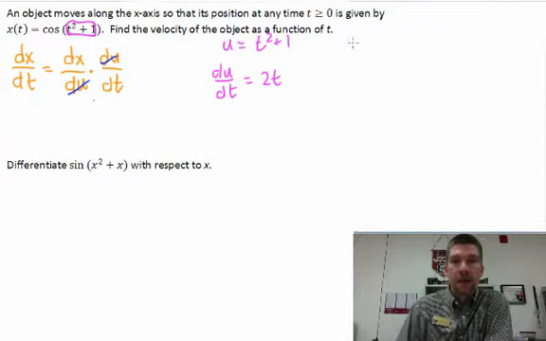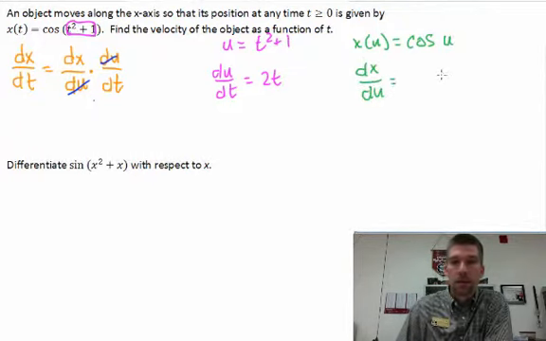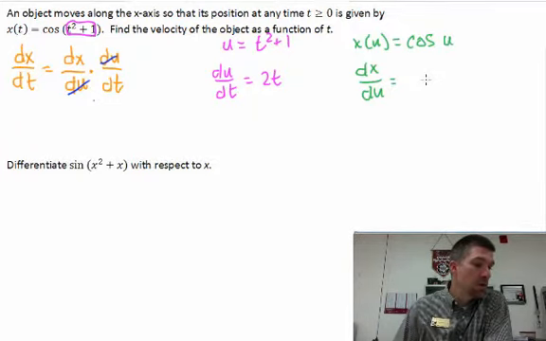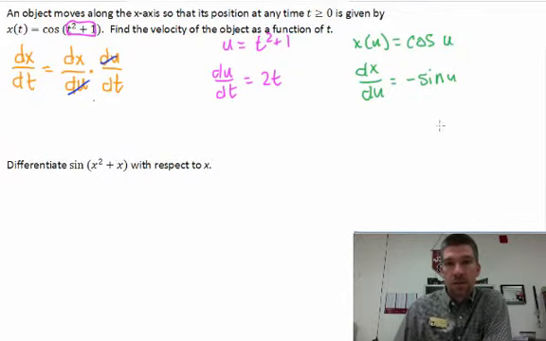We're going to say that x of u is equal to the cosine, now not of t squared plus 1, but of u, because look, we've picked what u is going to be. And so dx/du is going to be what? Well, what's the derivative of the cosine? Negative sine u.